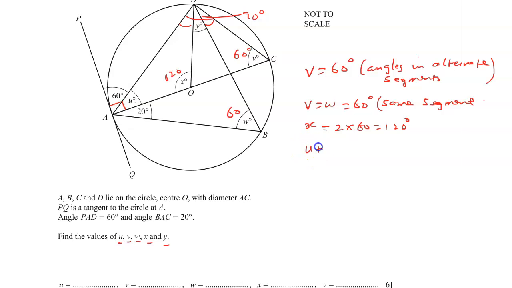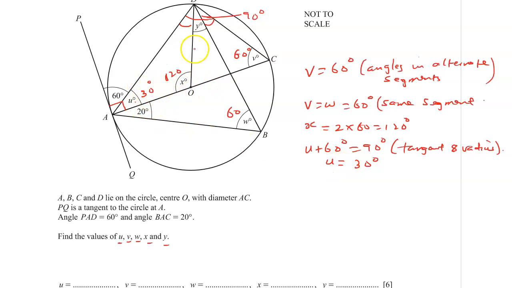So U plus this 60 degrees gives us 90 degrees. Therefore, U is equal to 30 degrees. This is, of course, due to tangent and radius. So U here is 30 degrees.